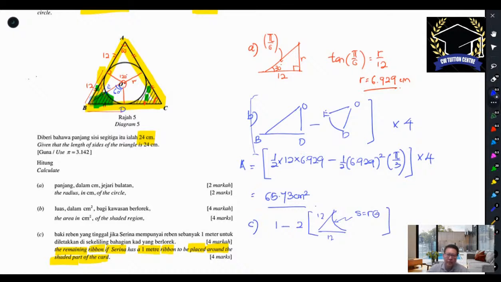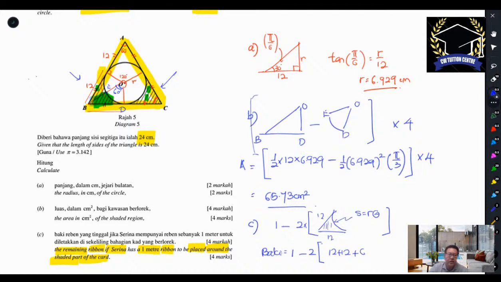Why is it 2 times this? Because you have 2 parts. So the remaining, baki, will be 1 minus 2 times 12 plus 12 plus radius.